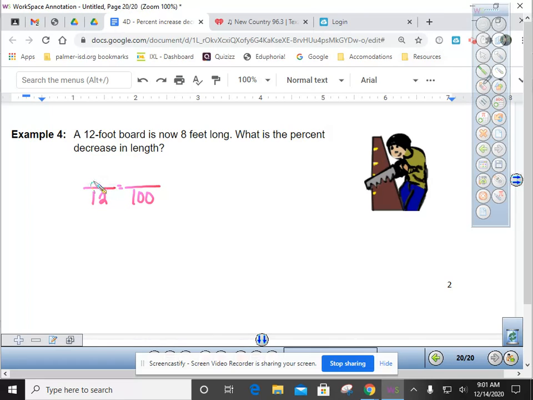It's 4, because you subtract 12 minus 8. Do you know how to solve that? Yes. Please do so right now. You should be writing.